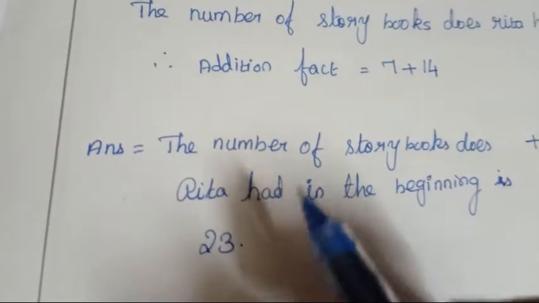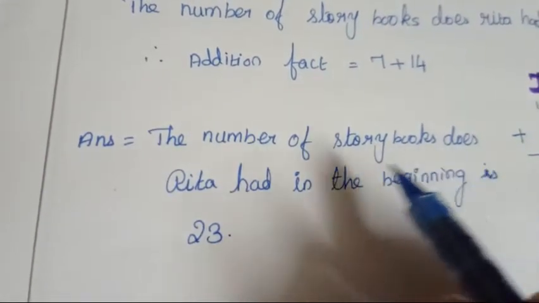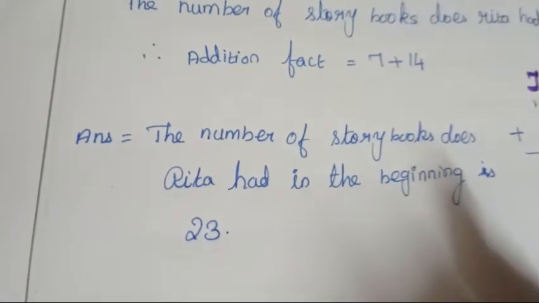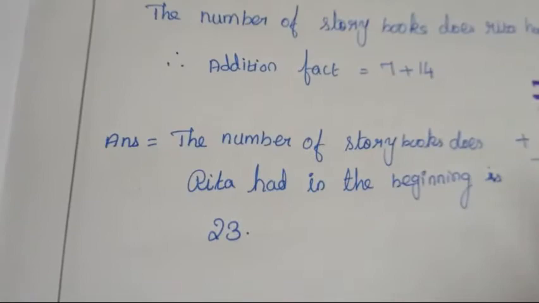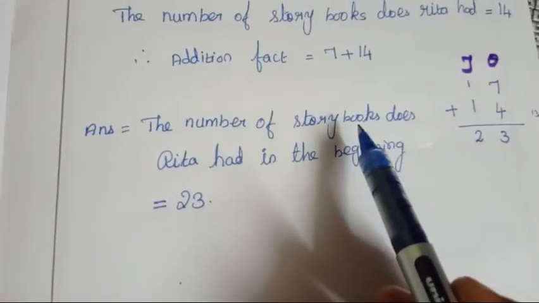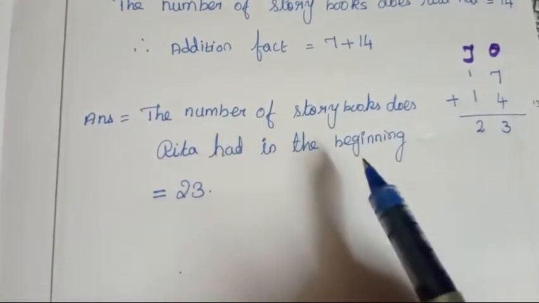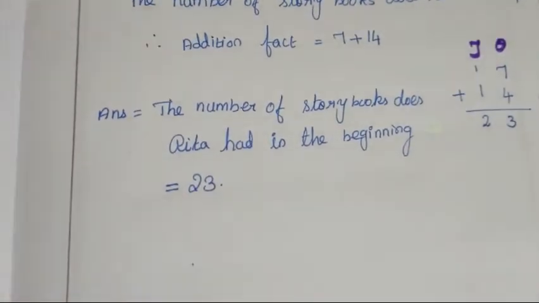Okay children, so the total number of storybooks Rita had in the beginning is 23.